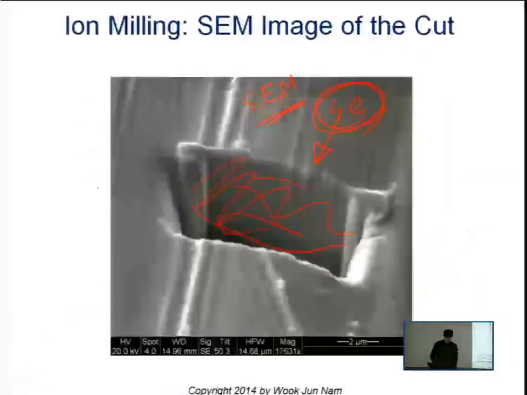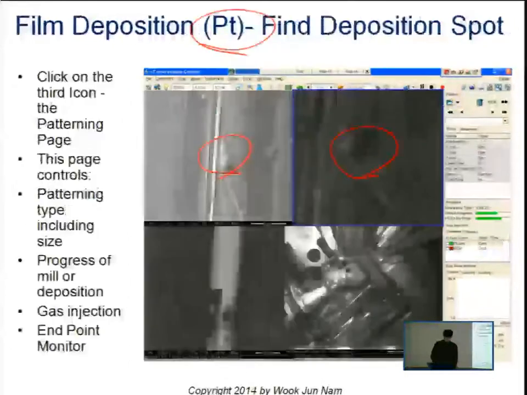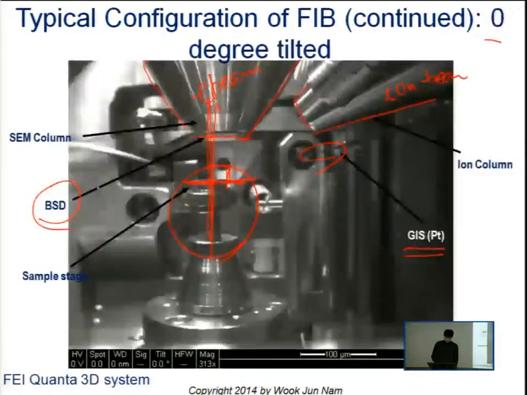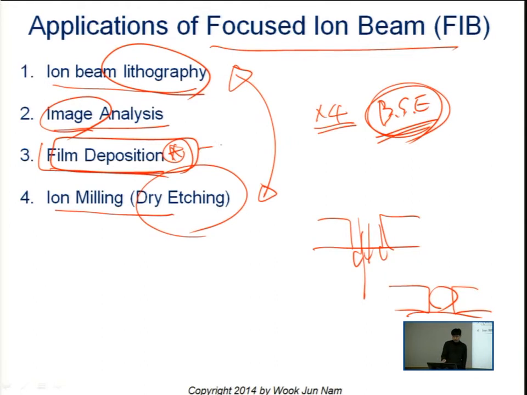As we mentioned in the previous slide, it can be used for lithography, and image analysis is another good area, and film deposition allows making devices directly, and then ion milling can do nanoscale dry etching directly.